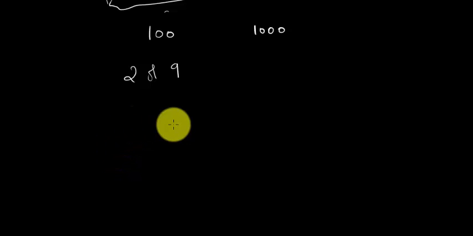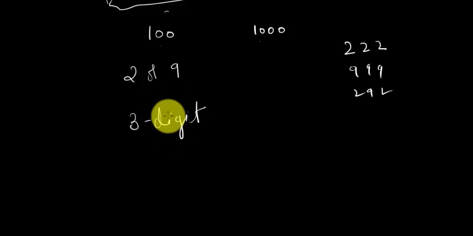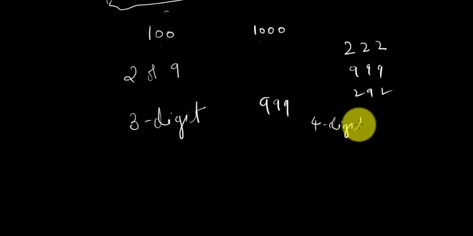Okay, so every digit has to be a 2 or a 9, which means I can have 222, 999, 292. So the numbers are going to be a combination of 2 and 9. And how many numbers are there going to be between 100 and 1000? Well, after 100, whatever numbers I get will be 3-digit numbers, all the way until 999, because after that it becomes a 4-digit number, isn't it?